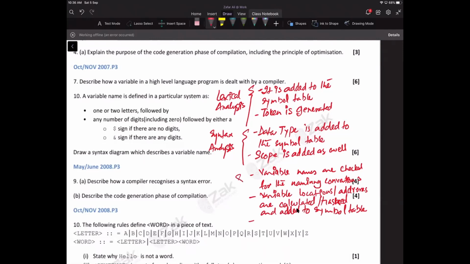So this was code generation. I don't remember anything else. So this is what is happening with the variables. This was the question, this is the answer.